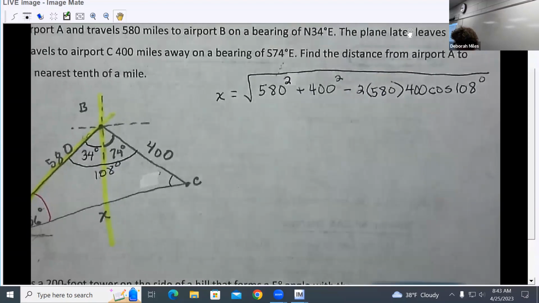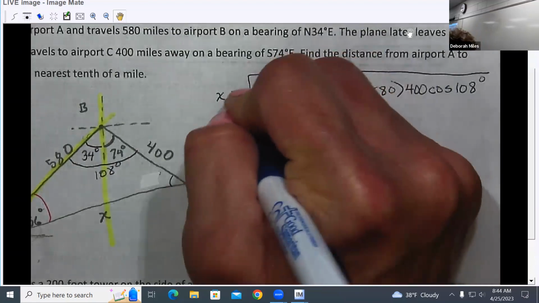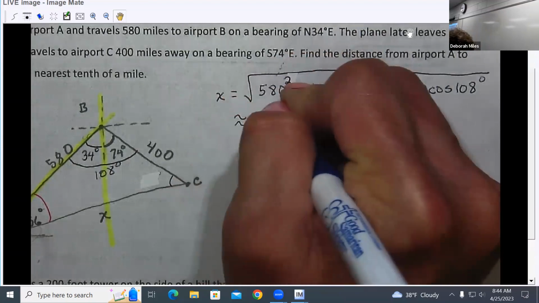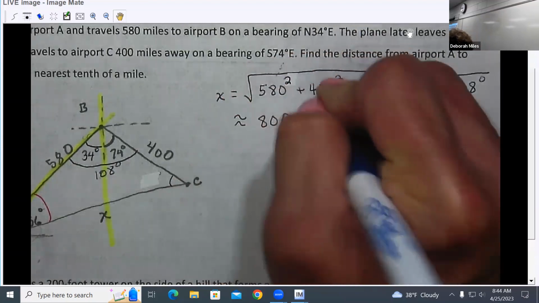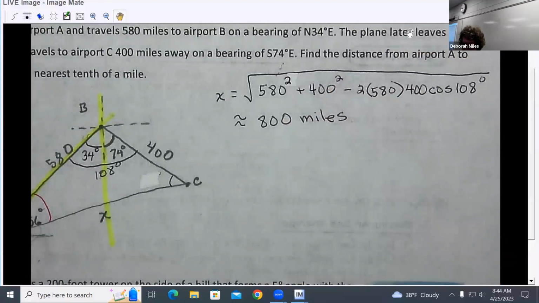Got it? What did I get that to be? Darn close to exactly 800 miles. Make sure you take the square root. It's 799.99. Yeah, almost 800.